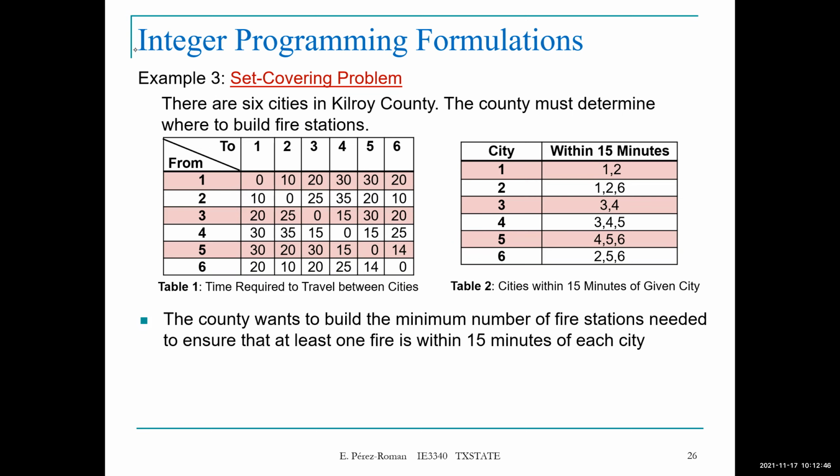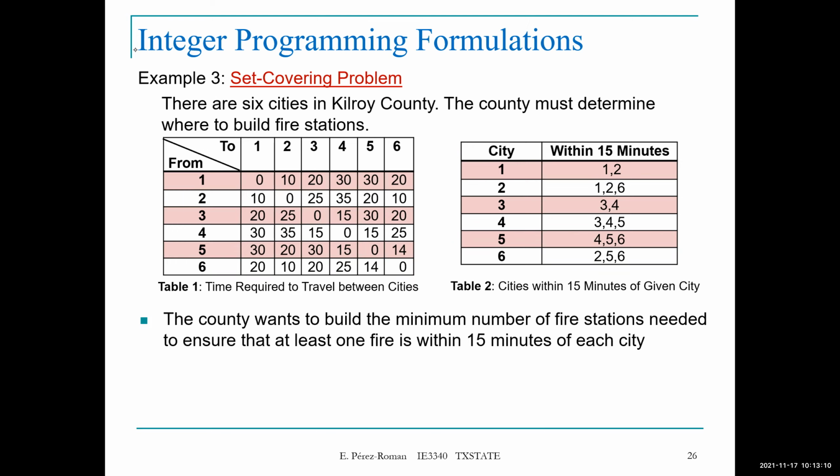So the city has 6 options and is trying to decide where to build these fire stations. We're going to take these times into account to make those decisions. The city wants to have the stations located so they can reach most of the cities, or all the cities, within 15 minutes.